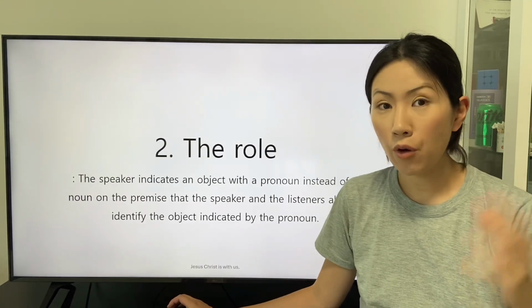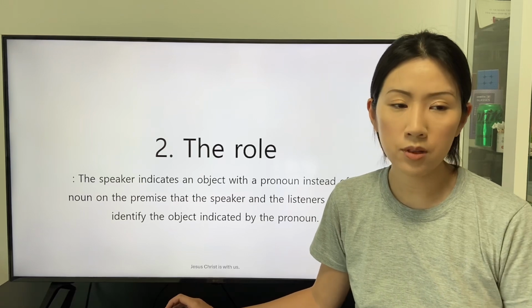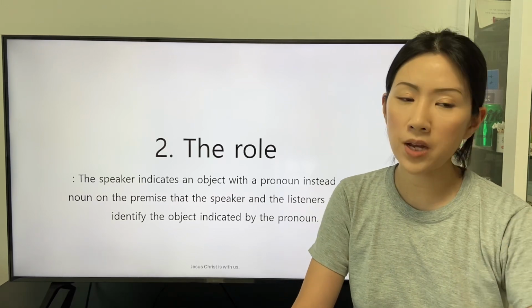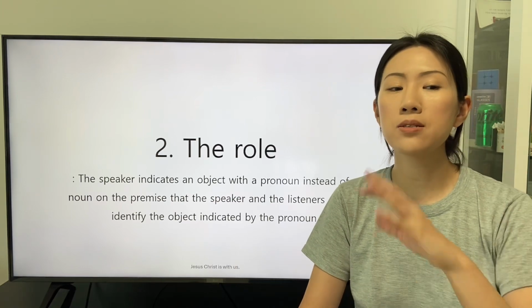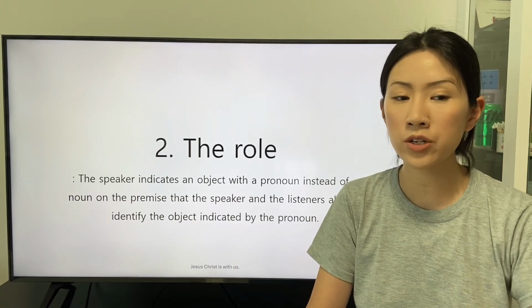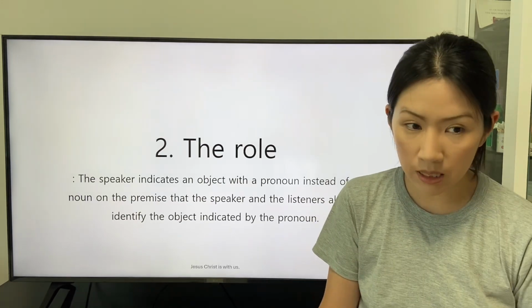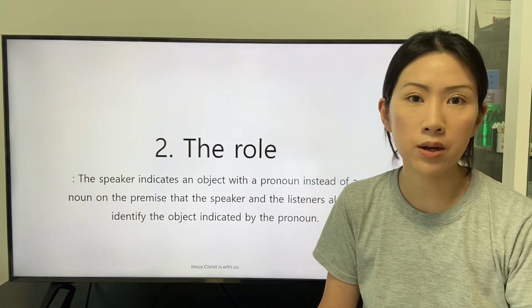Let's study about the role of a pronoun. The speaker indicates an object with a pronoun instead of a noun on the premise that the speaker and the listeners already identify the object indicated by the pronoun.